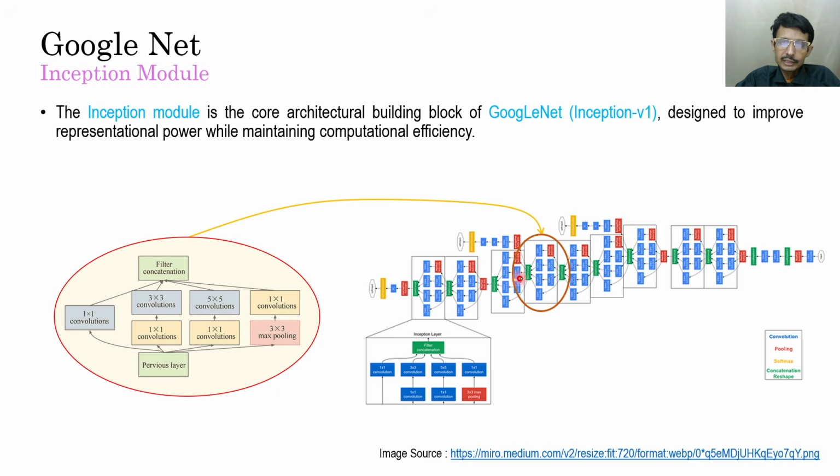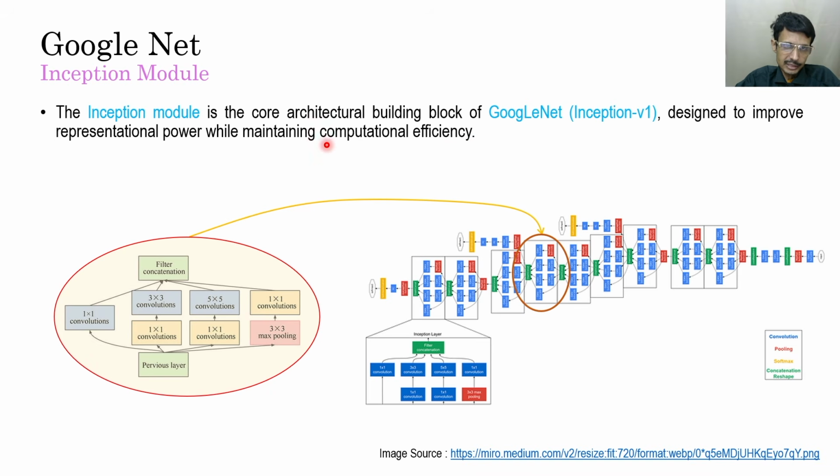So the inception module is a core architectural building block. GoogleNet is Inception v1, version 1, designed to improve representational power while maintaining computational efficiency. Representational power means expressiveness, that is, how well it models the image or particular statistics, but they always keep computational efficiency in mind.